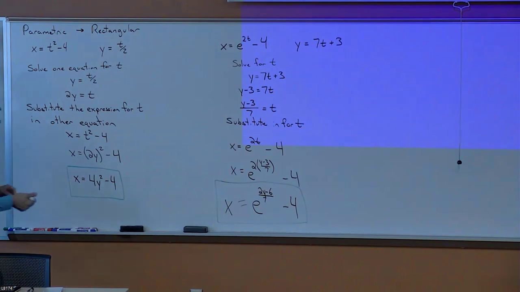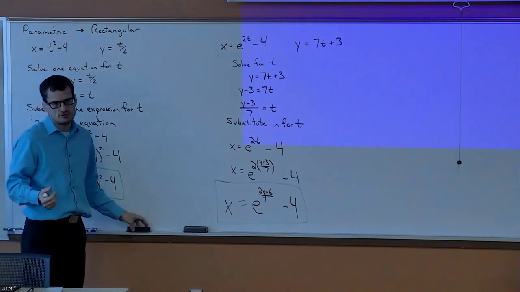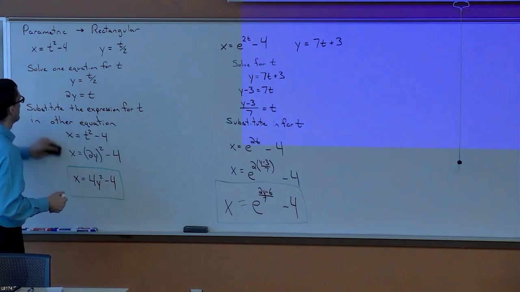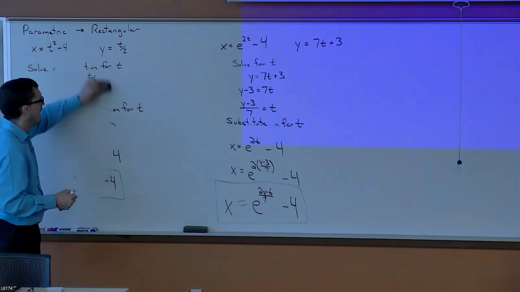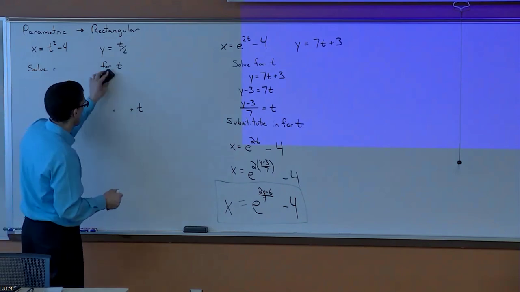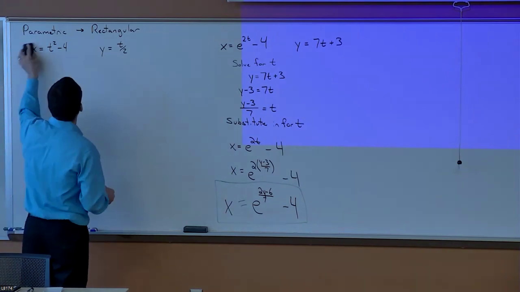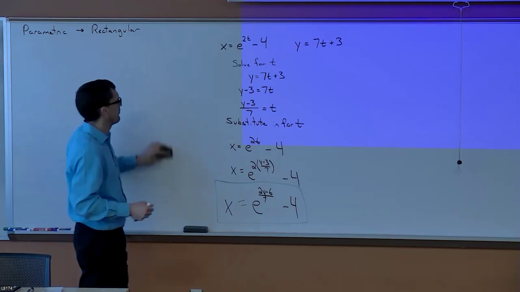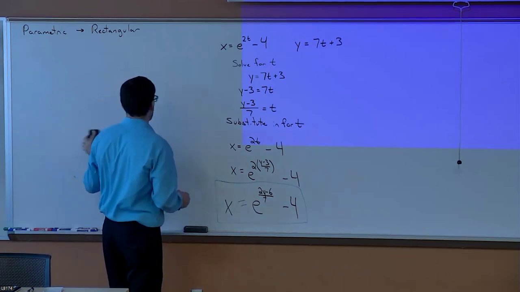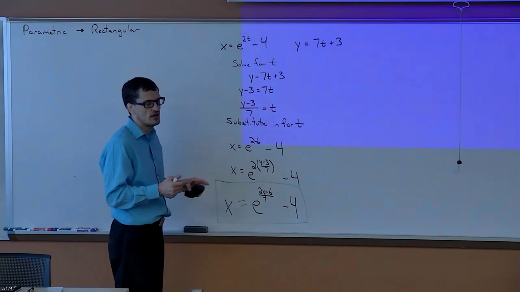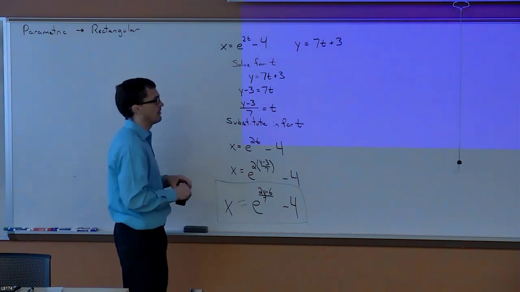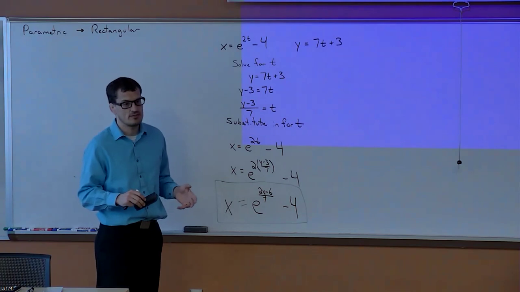Now, to be able to do indirect substitution, we have to remember back to some trig identities. In particular, the ones that are used a lot in this class, especially around conic sections, are the ones that we call the Pythagorean identities.